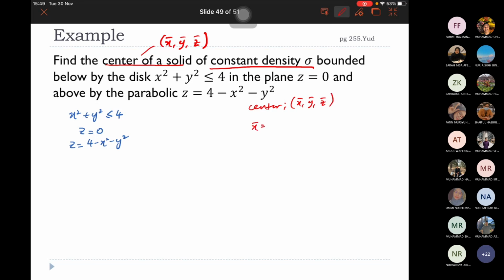Yang mana x bar kalau tengok formula, dia akan sama dengan dekat dalam nota tadi, kita ada letak dia punya center akan sama dengan X bar akan sama dengan M YZ dibahagikan dengan mass.